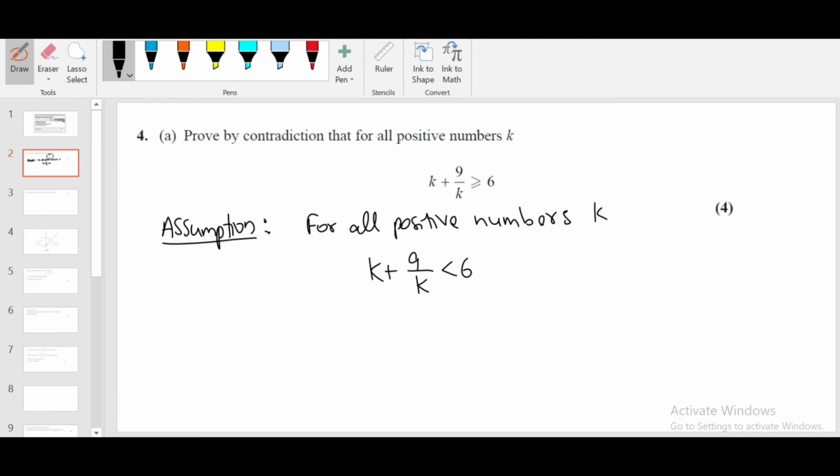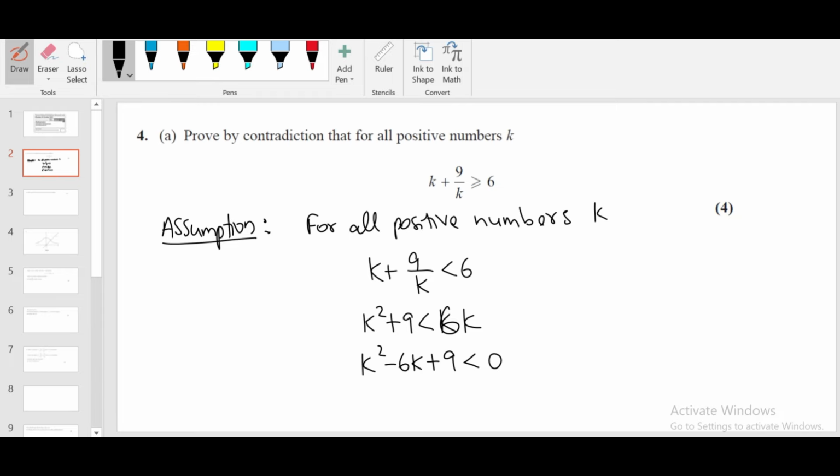Multiply throughout by k. Since k is positive, you don't need to flip the sign when you multiply throughout. You get k squared plus 9 is less than 6k. So k squared minus 6k plus 9 is less than 0.